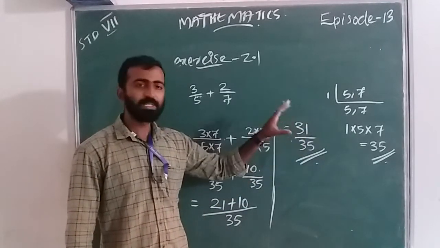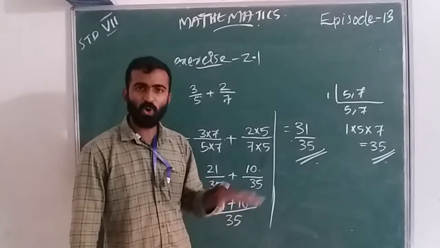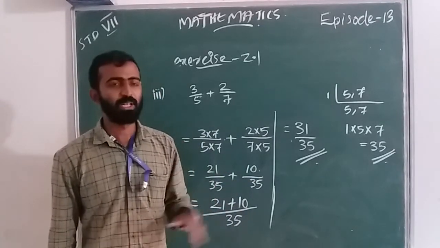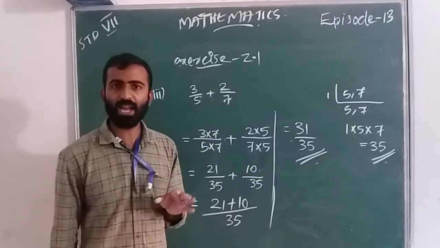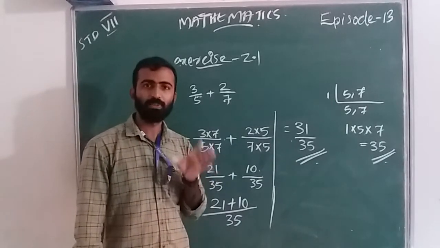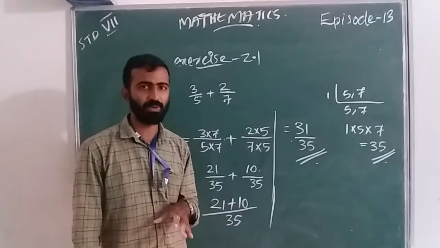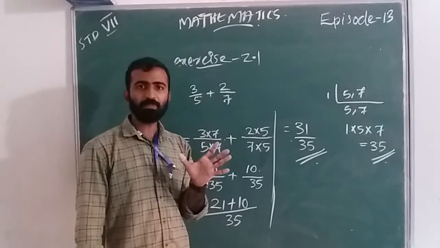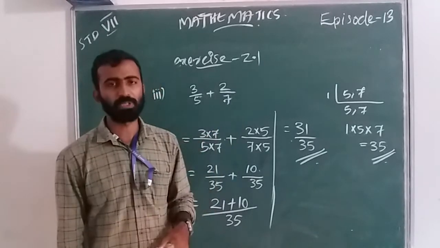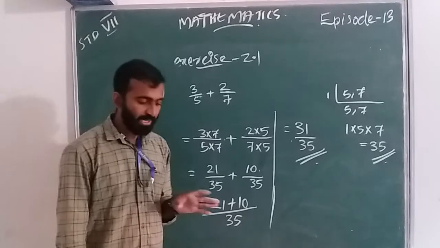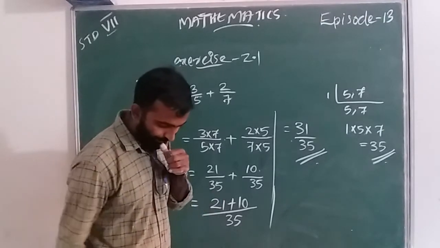Here this is a proper fraction, so we can't convert it into a mixed fraction. Only an improper fraction can be converted to a mixed fraction. Okay? Any doubt? Okay. Next one.